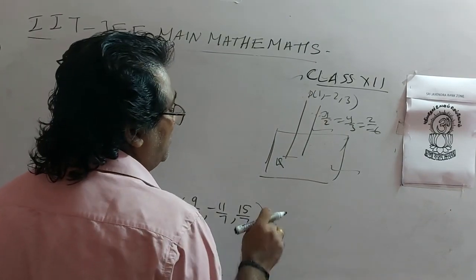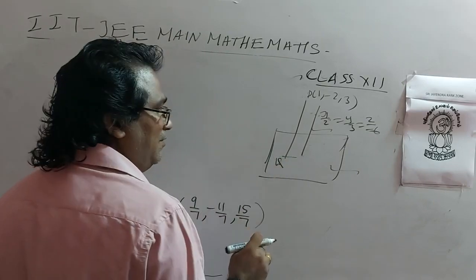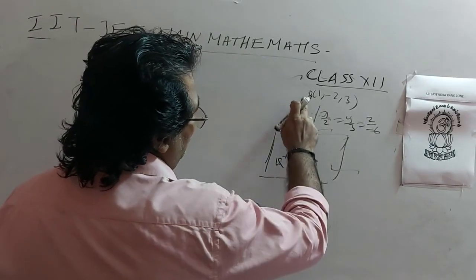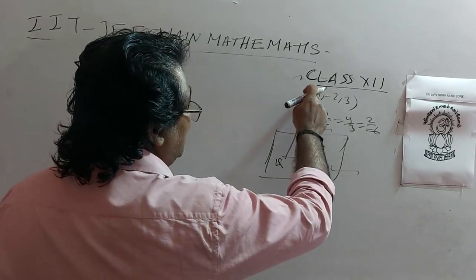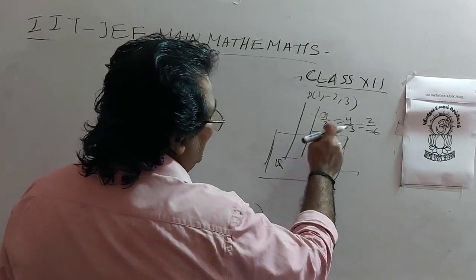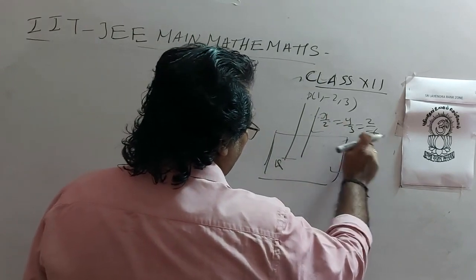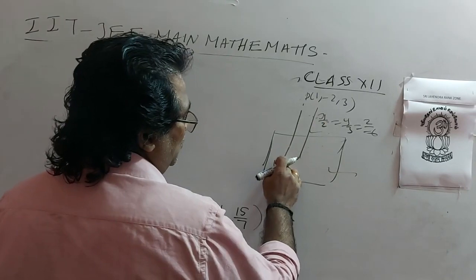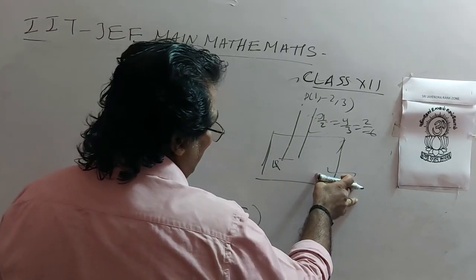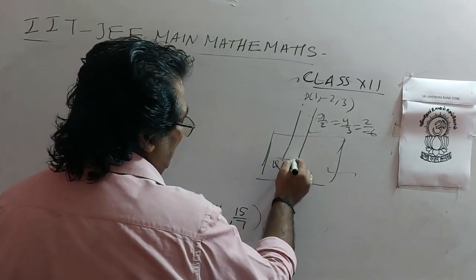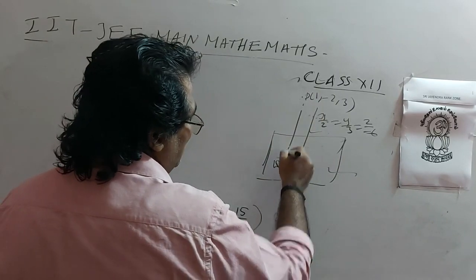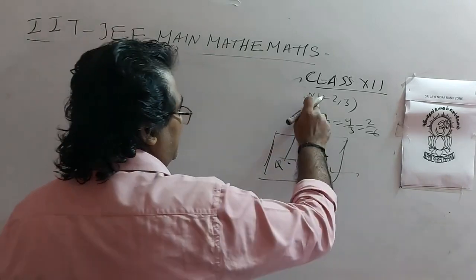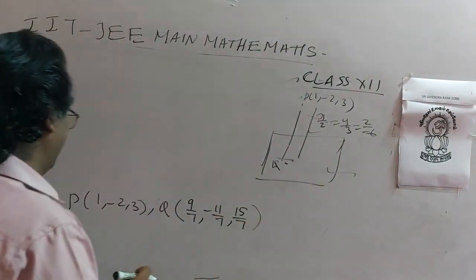For this, we have to find a point on this plane. For that purpose, we have to draw a line. We find a line passing through P, measured parallel to this line. We can take this as the parallel vector of this line. Then any point on this, that is Q, lies on this plane. After finding lambda, we get the value of Q. So we know P and Q, and the distance between P and Q represents the distance from this point to the given plane.